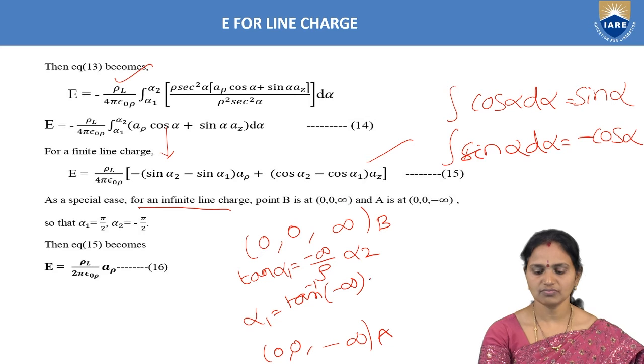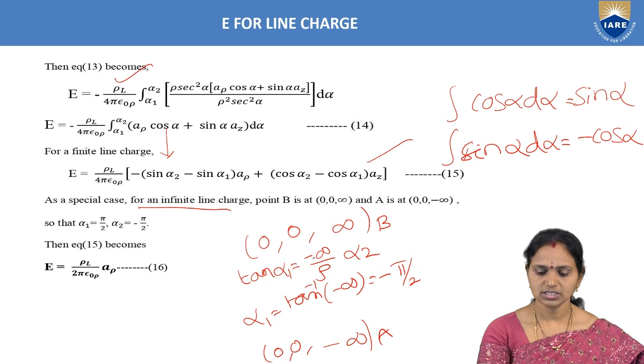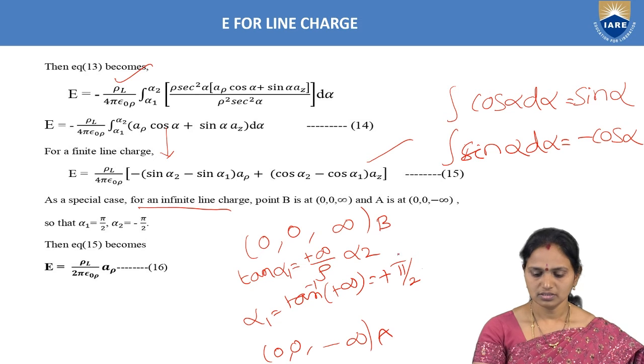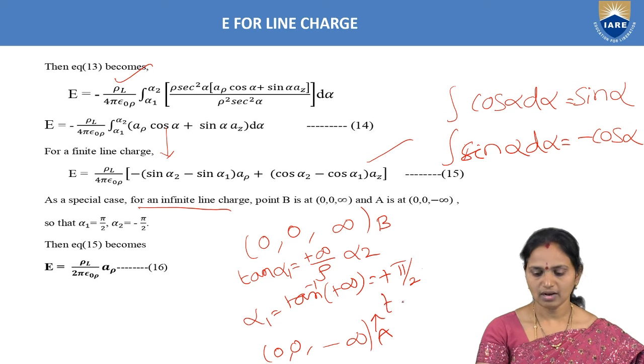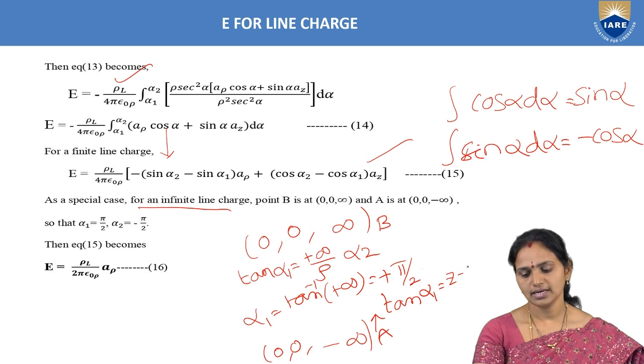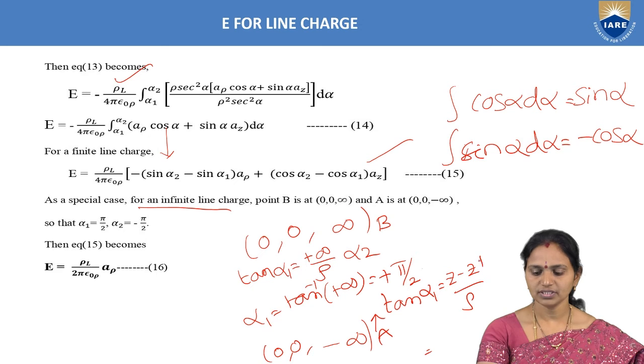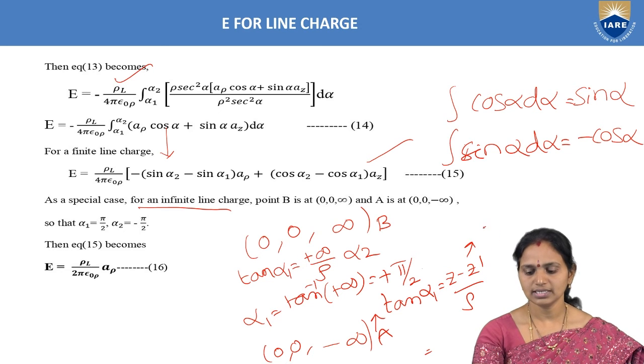Sorry, I'll tell this one again. Tan alpha 1 equals opposite side, z minus z dash, divided by adjacent side rho. Now z dash, point A, is minus infinite.